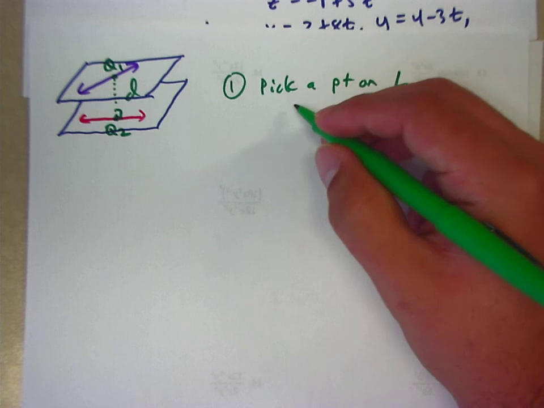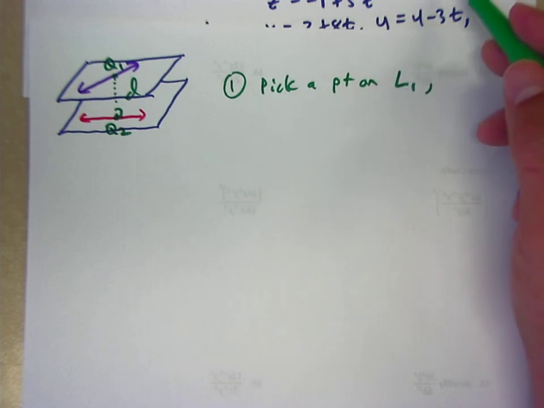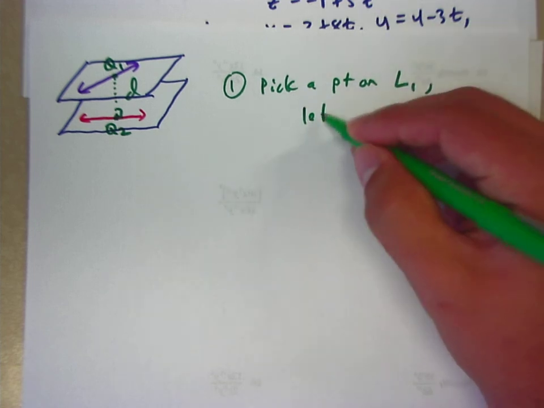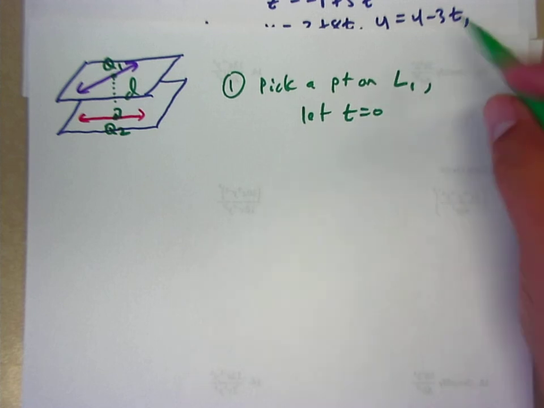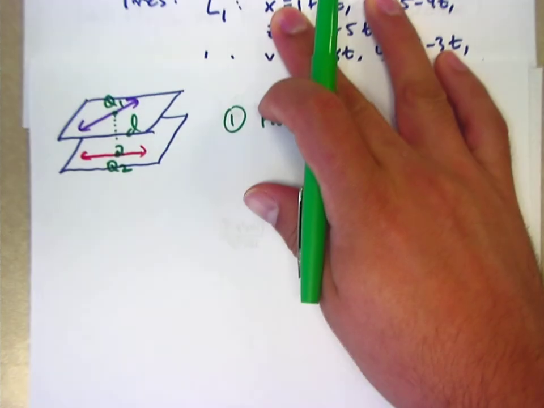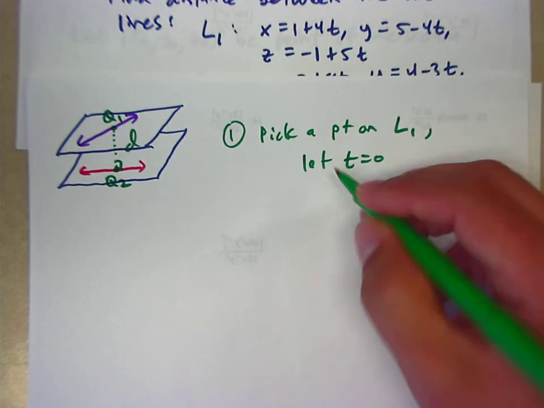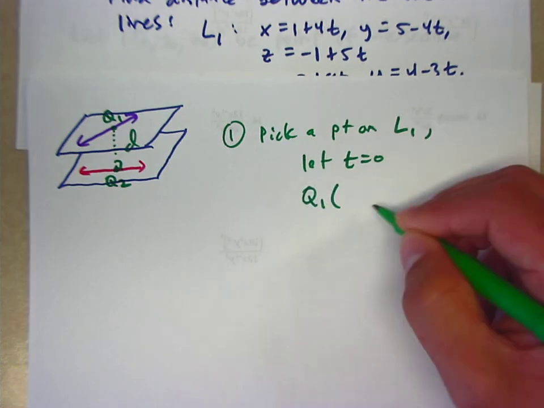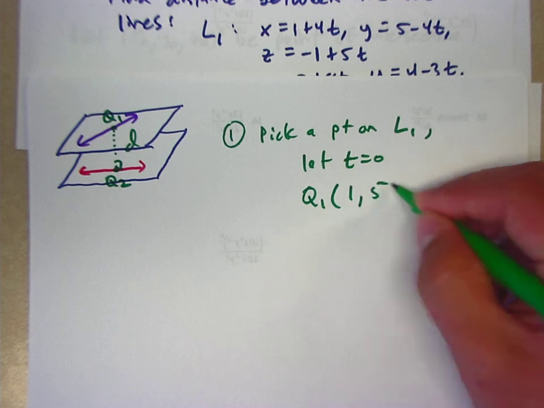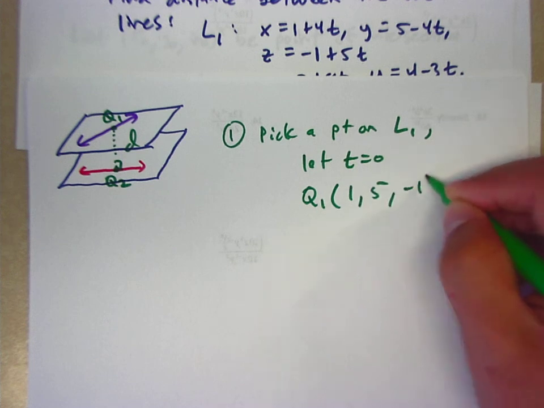Probably the easiest thing to do here would be to let t equal 0 in the first equation, because you're picking any point, and that's probably the easiest one to calculate. And so my Q1 is just going to be (1, 5, -1). So that's the first step.